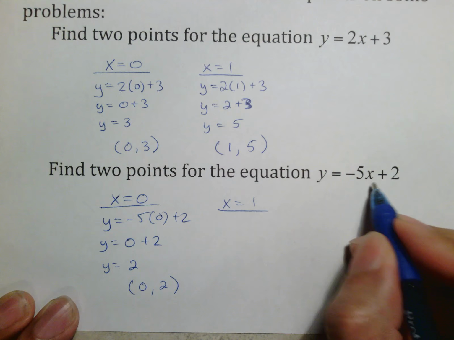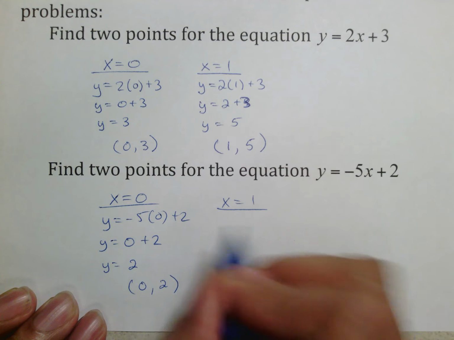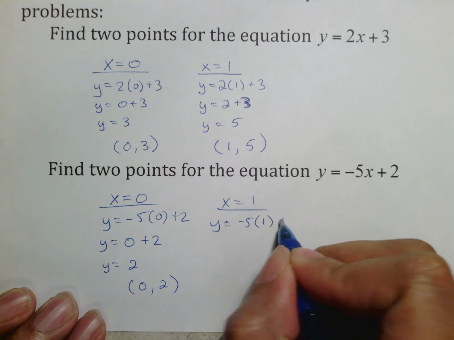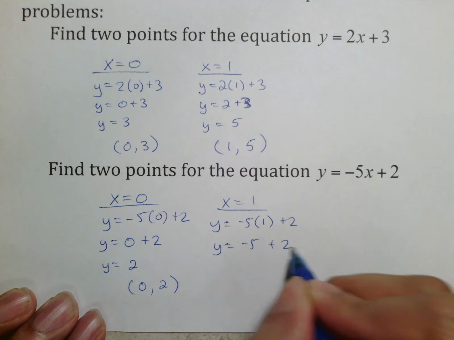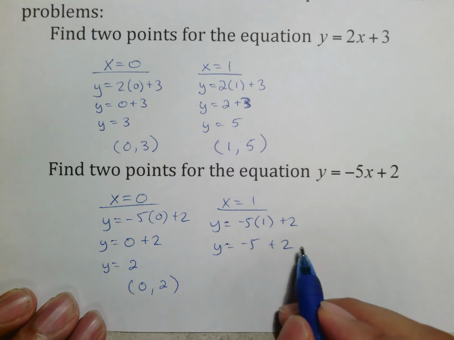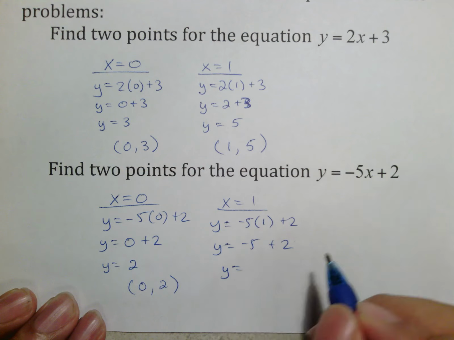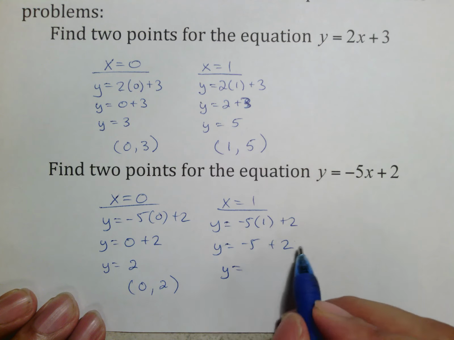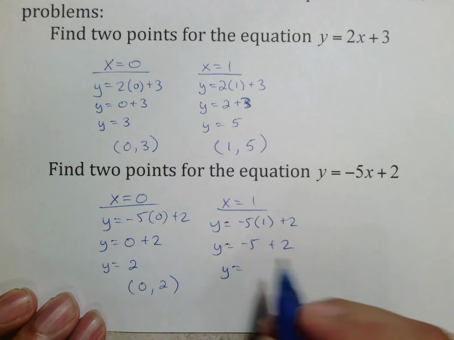Then we're going to choose x equals 1. Again, we're always going to plug in for x because that's an input number. Now we do y equals negative 5 times 1 plus 2. This, of course, makes negative 5 plus 2. And what we've learned about negatives and positives is that that means to subtract. For those of you who need a calculator, type that in, but I think today you should be able to survive without using a calculator, and I suggest that you try it just to keep your skills sharp.